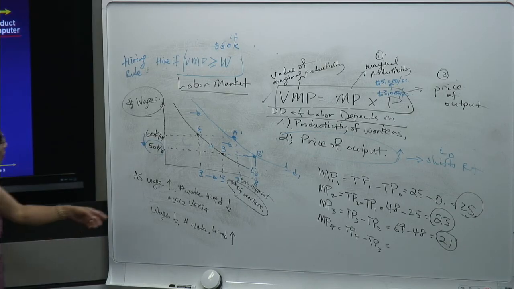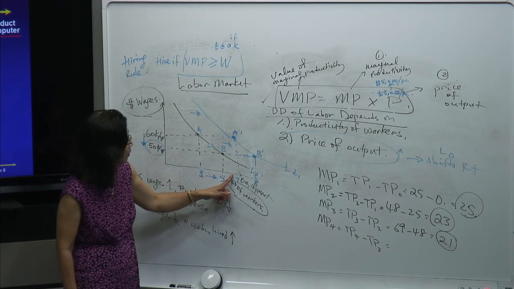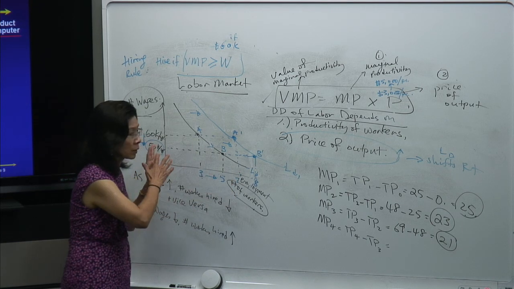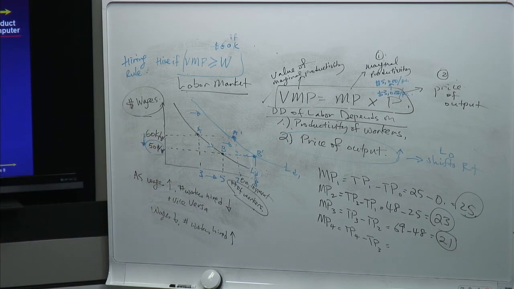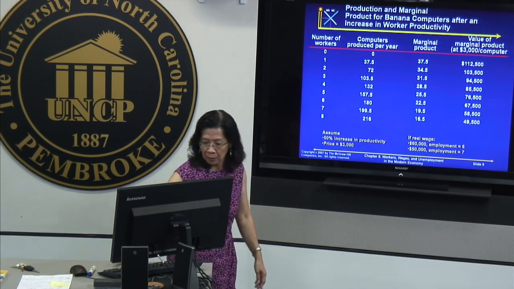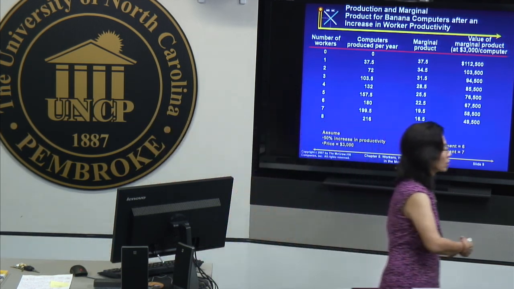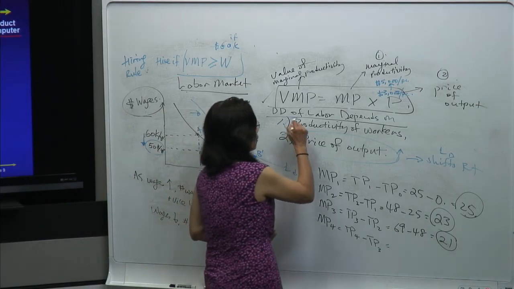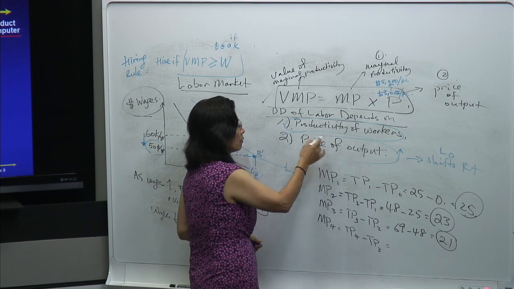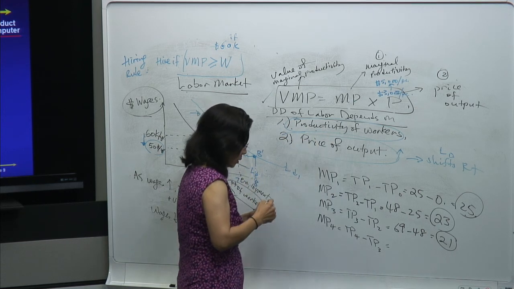As you can see, 6 will be somewhere here, 7 will be somewhere here. So in other words, it would still make them shift to the right. So this demonstrates that second determinant for the rightward shift in the labor demand curve, due to higher productivity of workers.